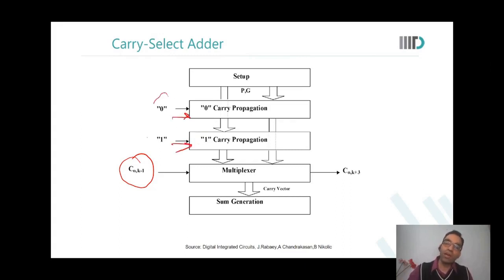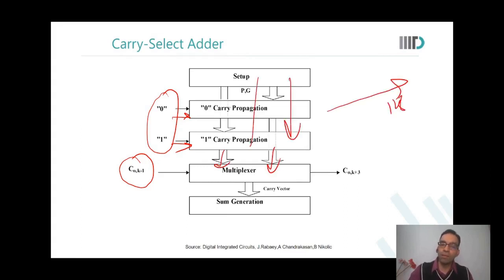Depending on what was the value of Cin, I will choose the output directly at the multiplexer stage. So now even if you go to 128 bits, all will run in parallel. And all that I need to do is the previous stage output goes as Cin over here, or goes as multiplexer input over here. So the delay is reduced further.